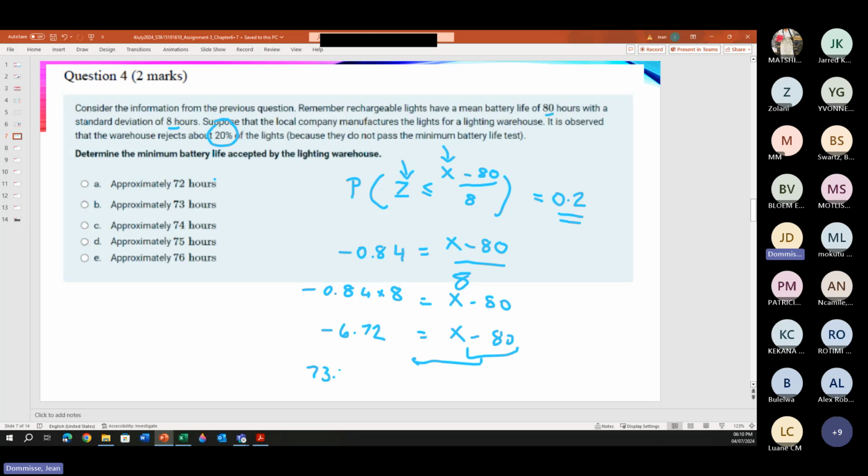Ugh, I hate this question because if you now look at the options, sure, okay, so determine the minimum battery life. So I could have easily said 73 or 74.